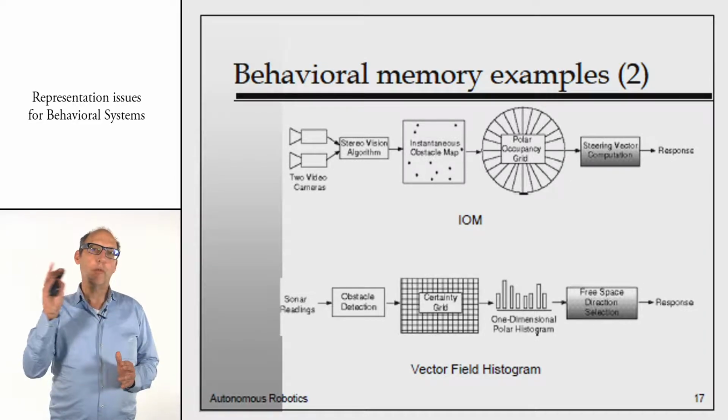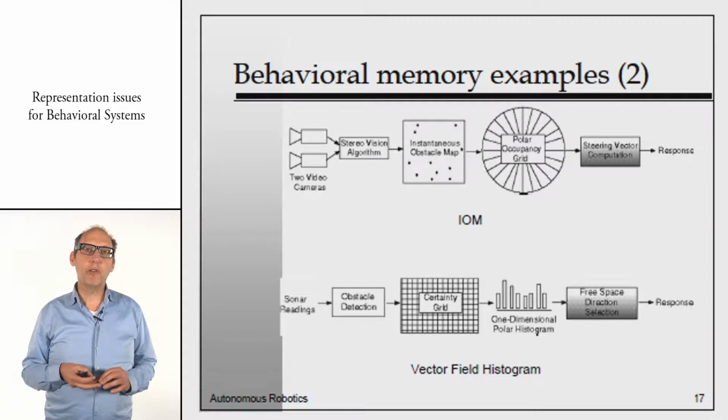That can be a sort of segmentation, where each of the segments looks like the eyes of an insect. But you can also make histograms of directions you like to go or that you don't want to go.